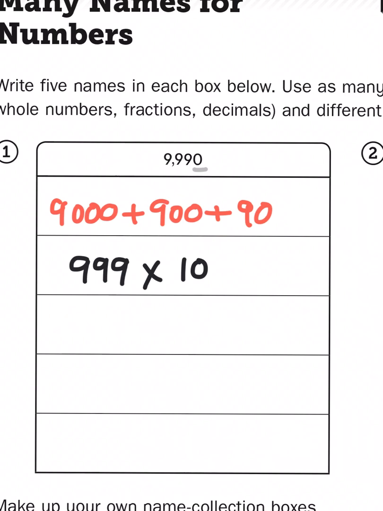When we create these naming boxes, it's a way for students to demonstrate their creativity. A lot of times kids will approach problems in different ways. So you might look at this number 9,990 and think, oh, this is the difference in a subtraction problem.